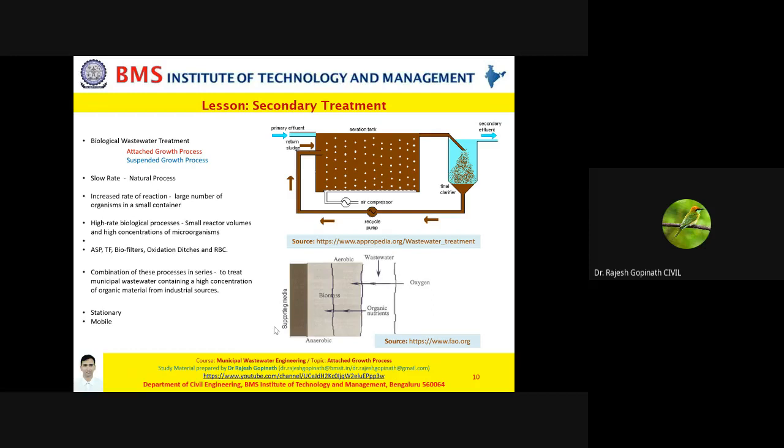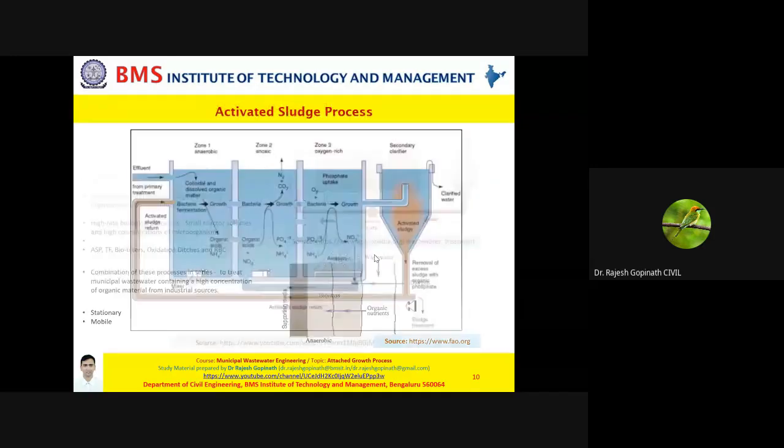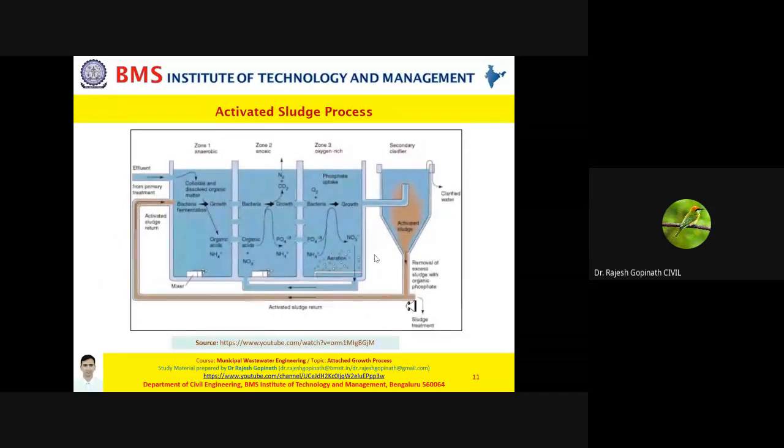Now, what we also need to understand as part of the secondary treatment introduction is, when microorganisms are employed to treat wastewater, not only is it a matter of whether they are aerobic or anaerobic, but also how they do it. Are they fixed to a medium or are they suspended in the wastewater? We need to understand the relevance of each of these techniques. All of them have their own merits and demerits.